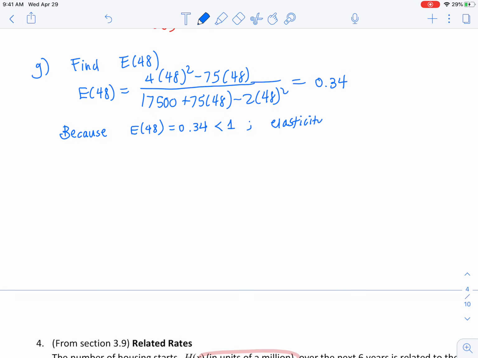Demand elasticity at $48 is what? Inelastic.